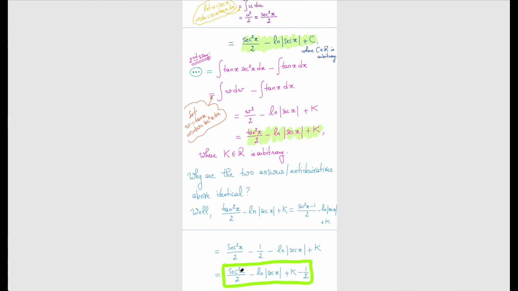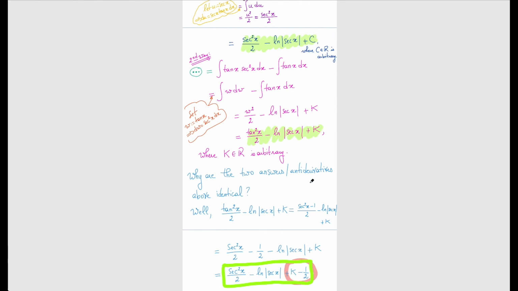So this guy happened to be this guy. So what can we say then? The question becomes, are these the same? This guy and the box, are they the same? Well, they look very close except for this guy here at the end, right?